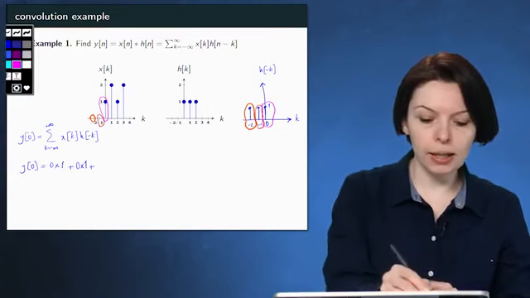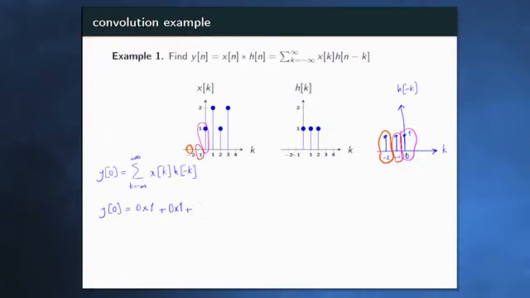So I'm going to write it as plus 1 multiplied by 1, plus, for k equal to 1, x of k is 2, and h of negative k is 0, plus for k equal to 2, x of k is 1, but h of negative k at k equal to 2 is equal to 0, so I'm going to write 0, plus for k equal to 3, x of k is 2 multiplied by 0.